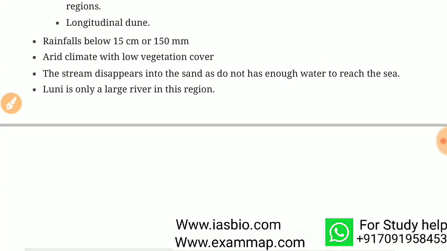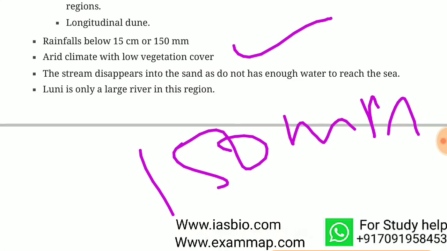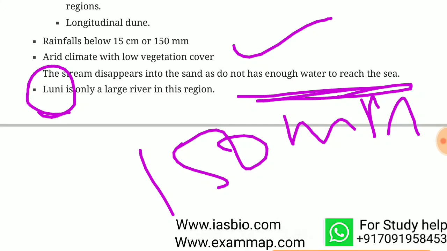Rainfall is below 15 centimeter or 150 millimeter. It is an arid region with low vegetation cover and the streams disappear into sand as they do not have enough water to reach the sea. Luni River is the only large river in this region, which is in Rajasthan.